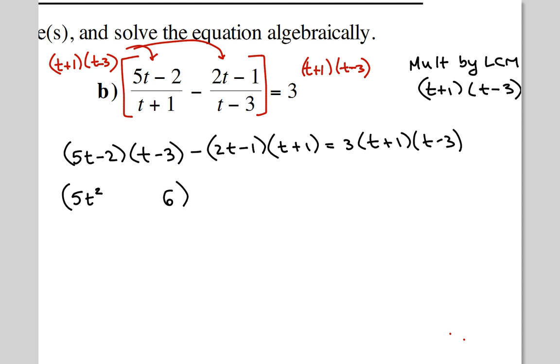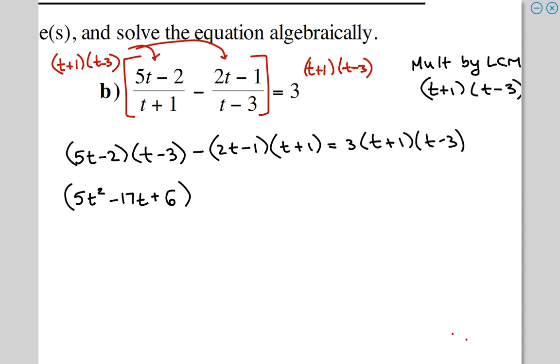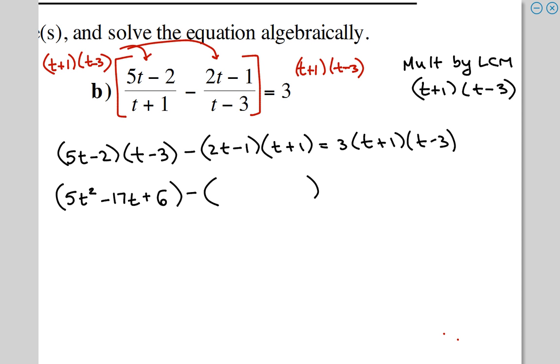Okay, now do the outer and the inner at the same time. Minus 15t. Everyone's got that? Minus 2t. Minus 17t. Now the next one. First one is 2t squared, and the last one is minus 1.